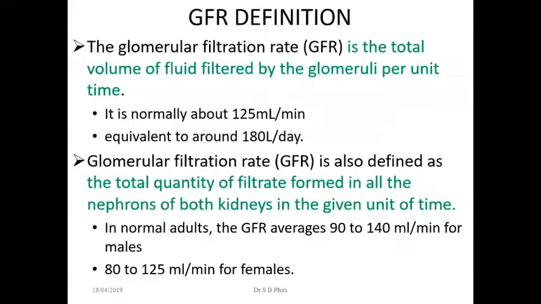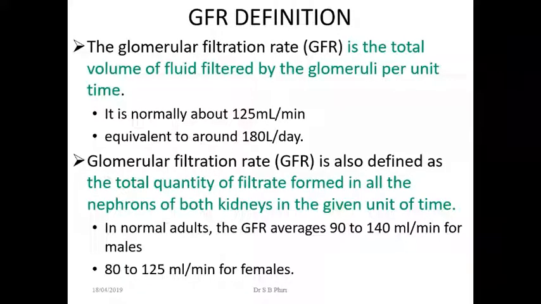So the glomerular filtration rate, how can you define it? The glomerular filtration rate is defined as the total volume of fluid filtered by the glomeruli per unit time. Remember, you have a lot of glomeruli in the two kidneys that each person has.